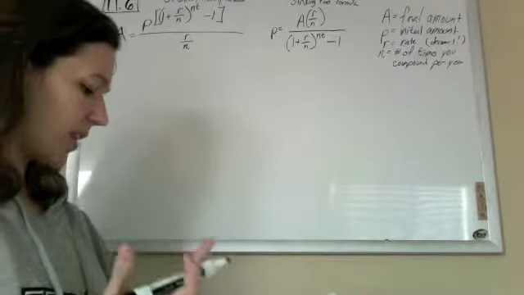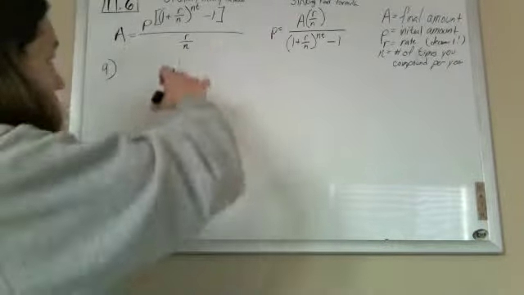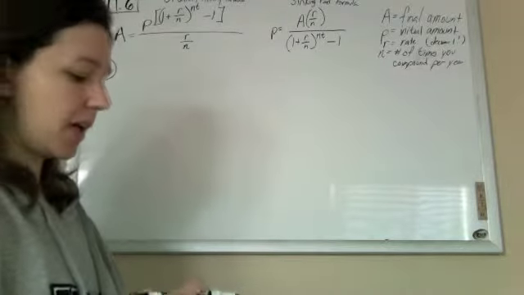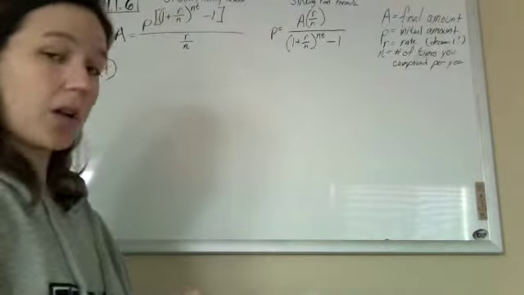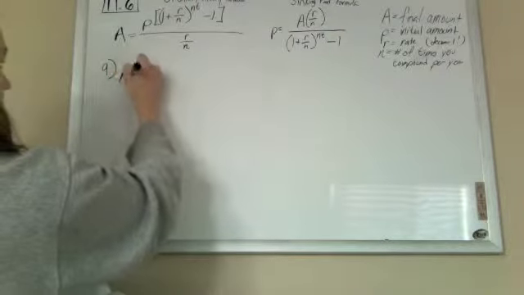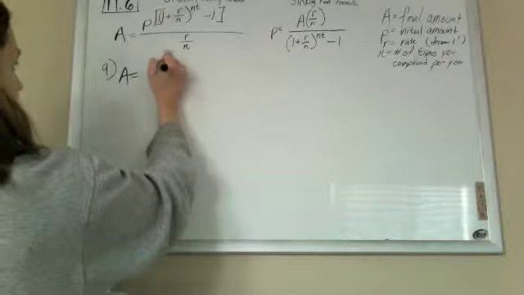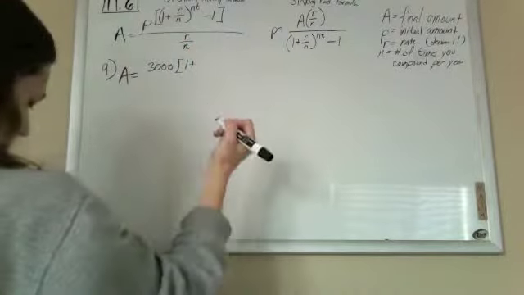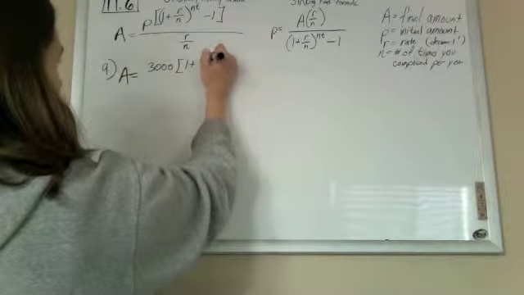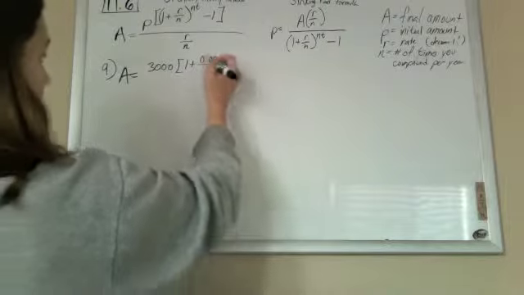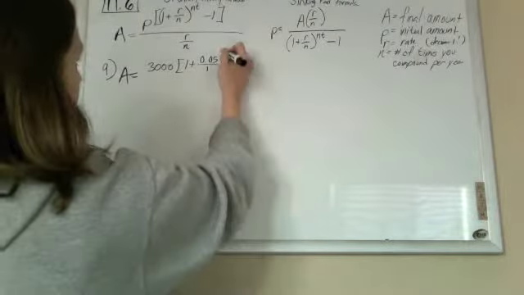For number 9, they tell you straight up to use the first one to figure out how much you're going to get if you invest $3,000 annually. So we're just going to plug and chug. We're plugging in $3,000, that's our P. 1 plus the rate, 5%, so that's 0.05, divided by 1, because you're just doing it annually.